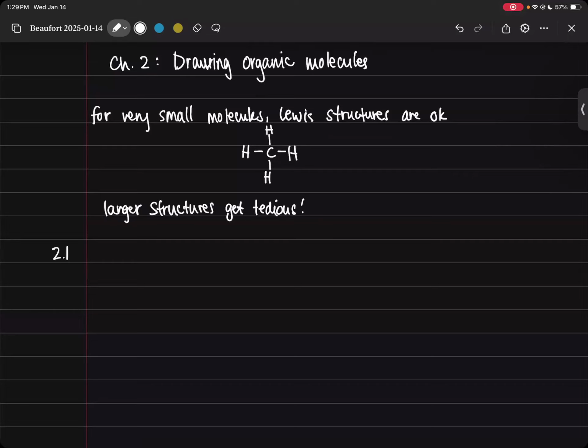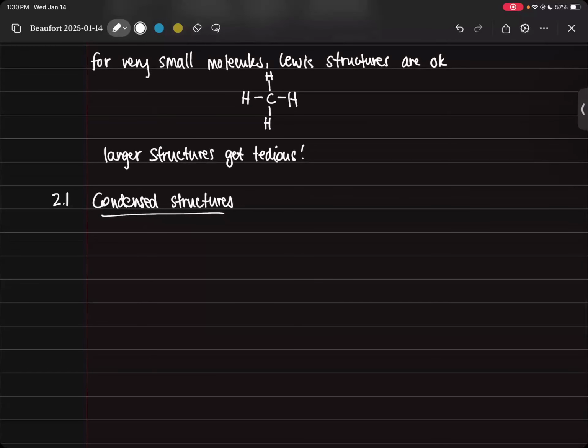So the first thing we can do, which is one step toward where we're finally going to get for drawing molecules, is called condensed structures. These are going to show all carbon atoms.